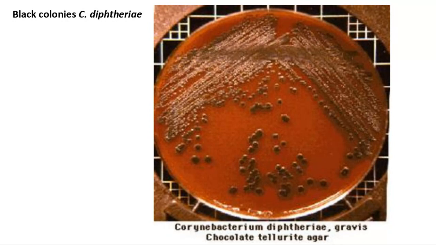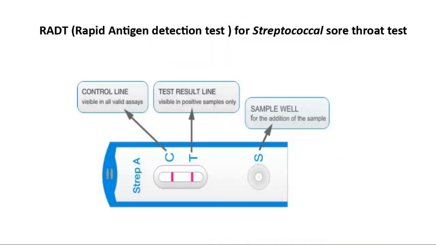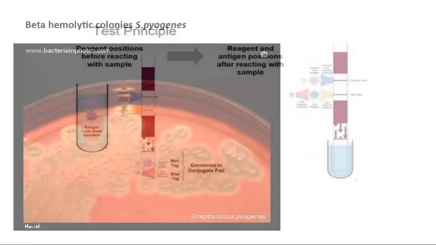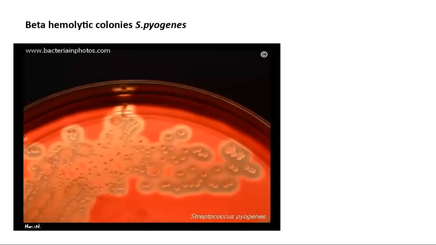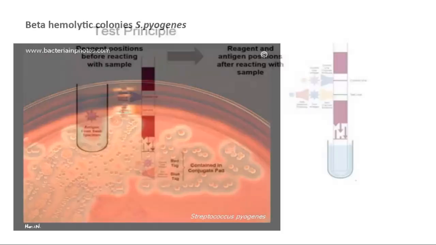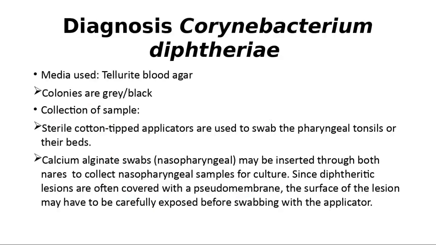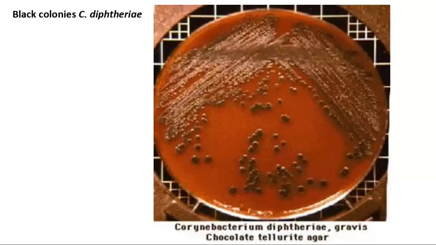So when you find the beta hemolysis on blood agar, they are Streptococcus pyogenes. But on tellurite blood agar, you cannot find these types of colonies. You find the gray to black colonies. So it means the organism is Corynebacterium diphtheriae.